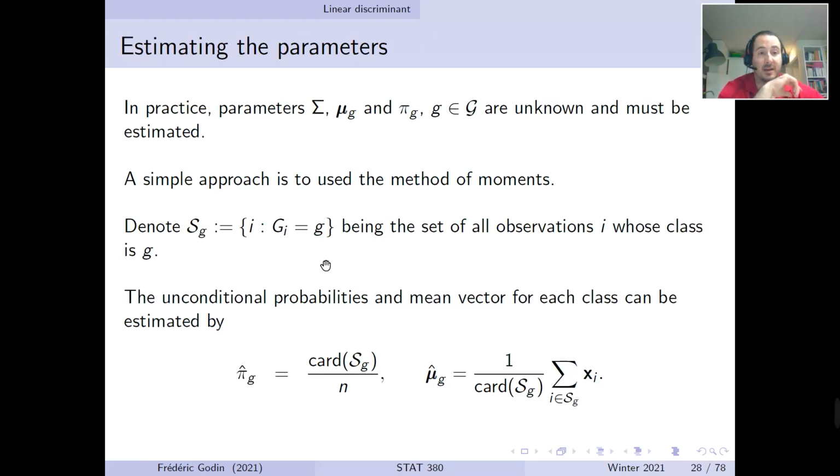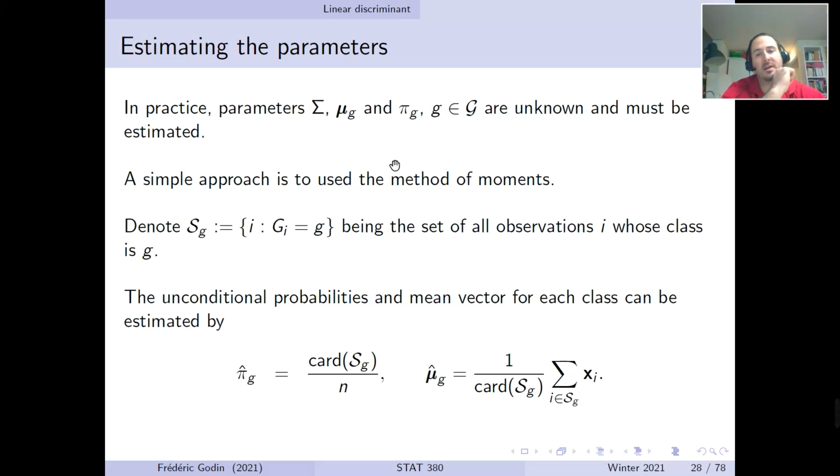In practice, if we make this assumption, we nevertheless don't know the true parameters: the matrix sigma, the mean vectors mu g for all classes g, and the unconditional probabilities pi g. So these must be estimated if we want to apply the LDA approach. A simple way to do this is the method of moments.